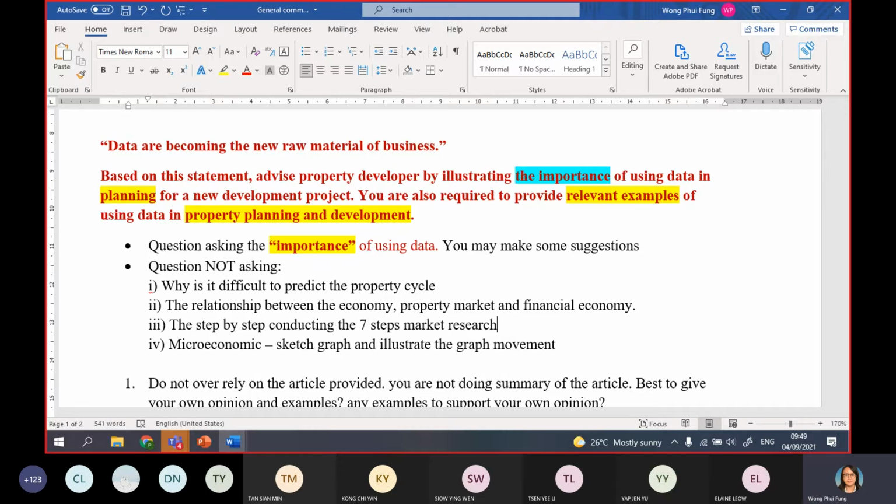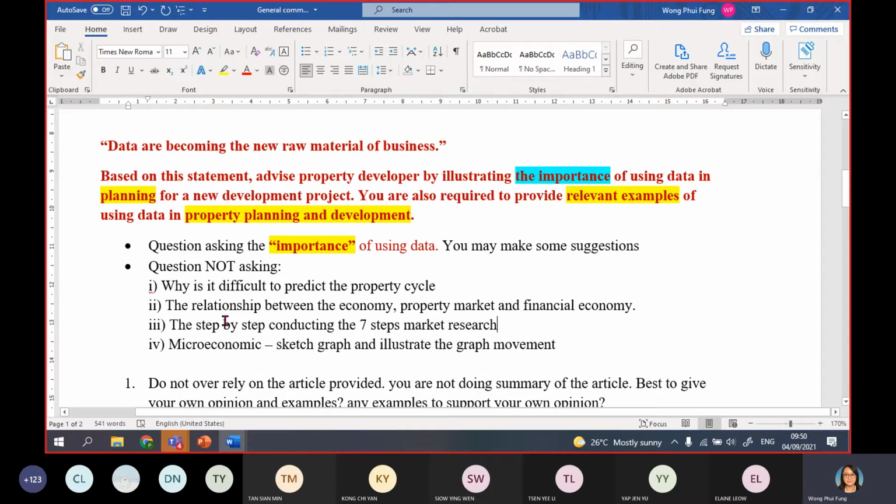Then after that, you have to give suggestions on how to overcome. The question is not asking for the detailed relationship between these three. So if you write about these three together from A until Z, then that one is actually wrong lah. Okay, it's not to say wrong lah, it's actually not a good answer.